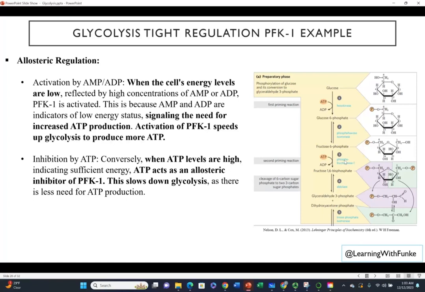This can slow down glycolysis, because if this is inhibited, then we don't have this step going on. Otherwise, we'll just keep going down the process and producing more and more ATP, right? You don't want your cells to have too much ATP, because think homeostasis, you want everything to be balanced and appropriate. Okay.